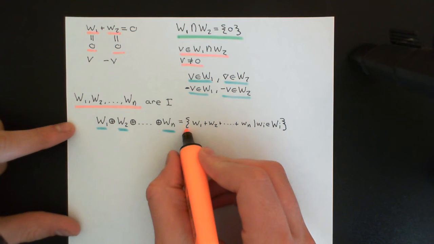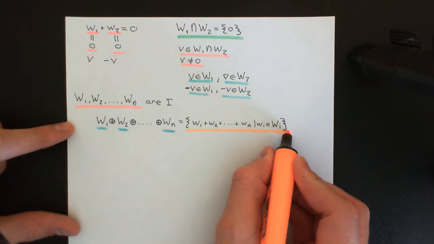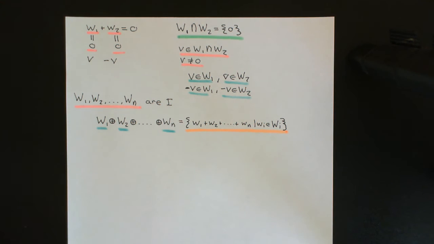Right. So what I want to do, firstly, is talk about how the example that we did earlier of a sum of two subspaces was actually a direct sum, because those two subspaces were actually independent. So we could have said that that was the direct sum of those two subspaces. So I'll just get the example back up again.